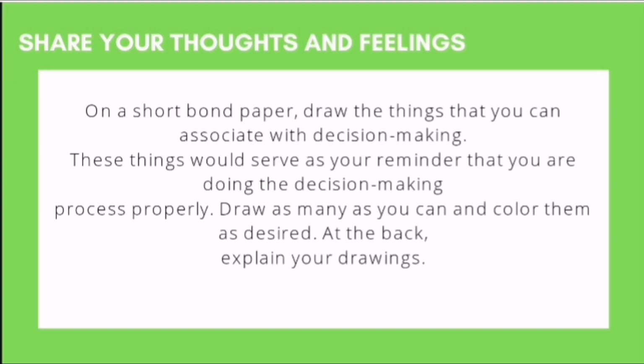Okay, pwede ring maglagay ng timbangan, no? Kasi wini-weigh mo kung ano ba yung mas mabigat, ano ba yung mas magbe-benefit ka and others, no? Kaysa yung ano ba yung harmful na decision. So, yon. Draw as many as you can and color them as desired. At the back, explain your drawings.